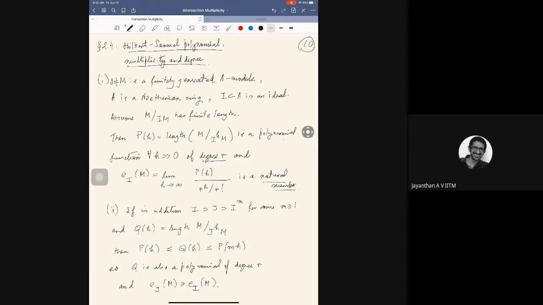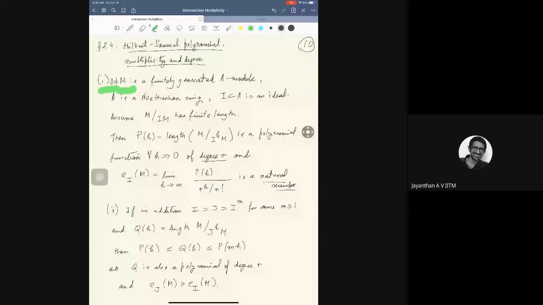Okay, so the Hilbert-Samuel polynomial, as we know, is defined in the following way. You start with a local ring, a finitely generated module, even though the case of interest is when the module is the ring itself, and you have an ideal which is contained in the maximal ideal. It's not been written exactly like that here.